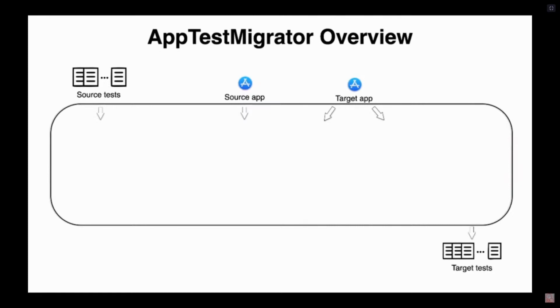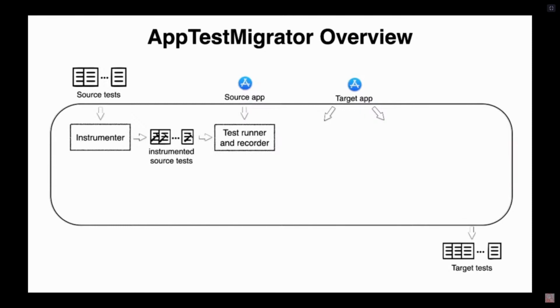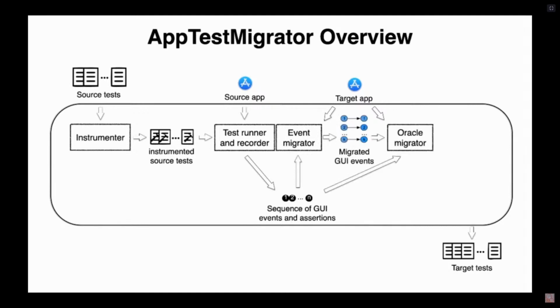Given the source test, it first instruments the test, and it then runs this instrumented source test and records a sequence of GUI events that are triggered and assertions that are checked by the test. Once it collects them, it continues by migrating first the GUI events and then migrating the oracles. And finally, it generates the test scripts with these migrated GUI events and oracles.